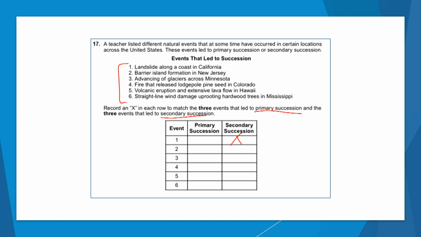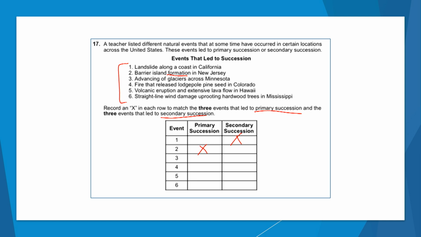Number 2 says a barrier island formation in New Jersey. Because this is an island forming, if it's being brought up out of the ocean, then it's not going to have any plants growing on it. So that means we're starting from scratch and that this is going to be a form of primary succession. Great, let's go to the next one.